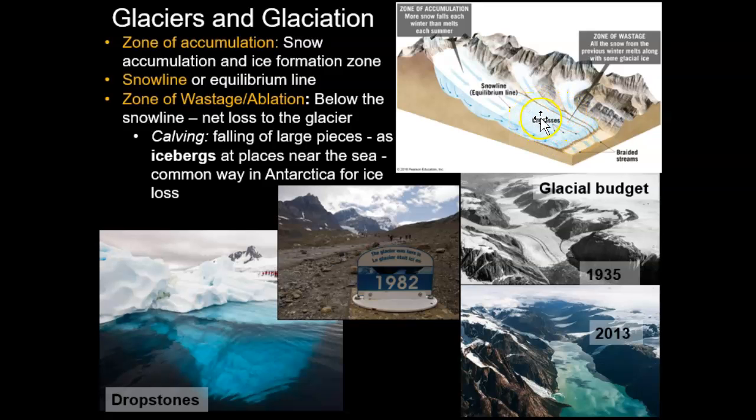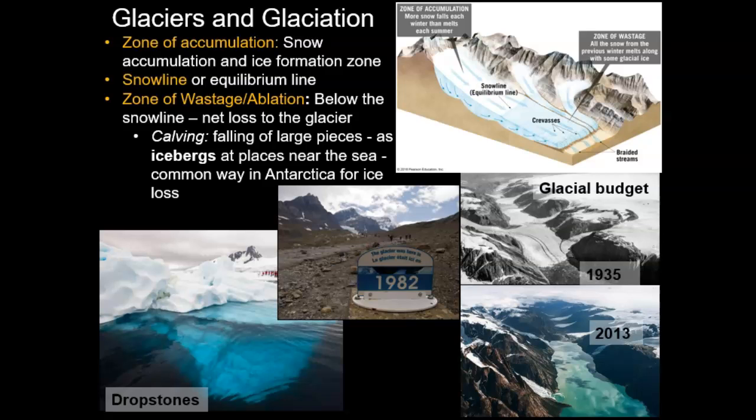Snow lands on top of it, typically melts, and flows either on top of the ice or in between the crevices. The ice itself at the terminus of the glacier will also melt. So ablation is the loss of glacial ice. That's the term for it: ablation, loss of glacial ice.